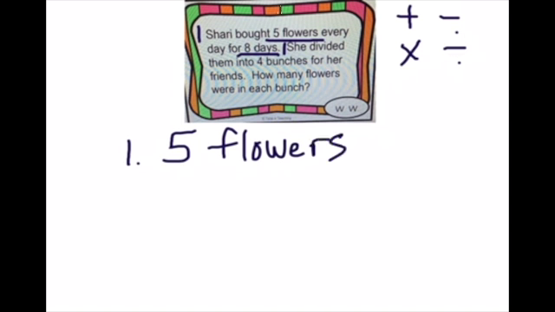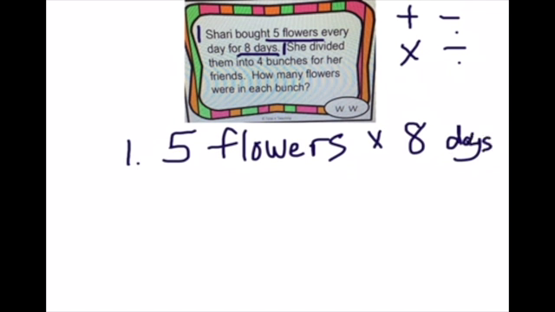So on day 1 it was 5 flowers, day 2 5 more, day 3 she got 5 more for 8 days. So that means each time we do that, we need to multiply by 8 because if she buys 5 flowers every day, I need to times it by 8 days, okay, or multiply it.